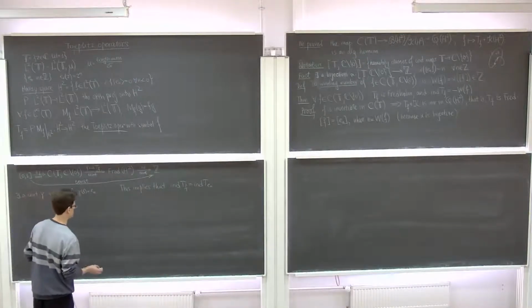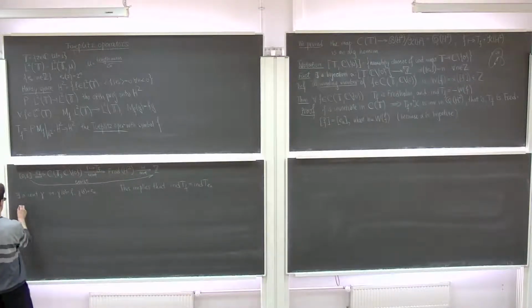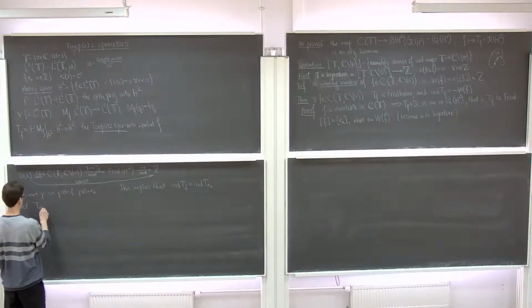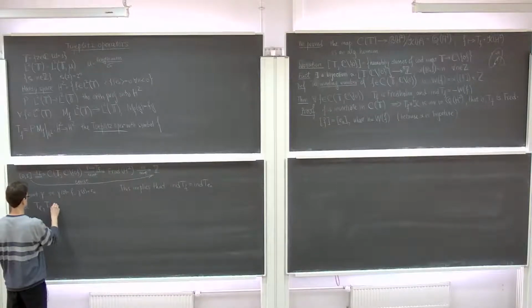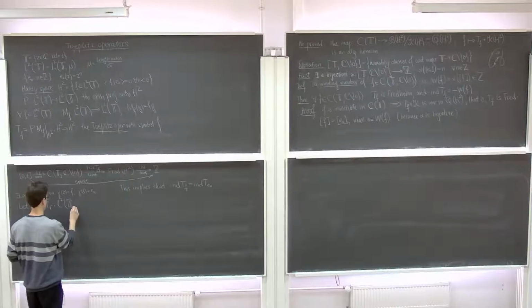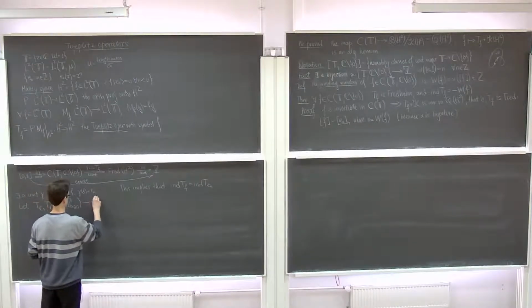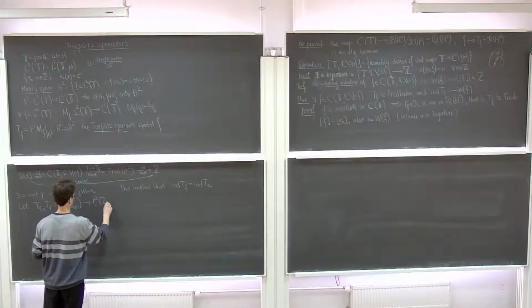And to show that this is minus n, let's consider left and right shift operators on the little l2 space, TL and TR. It will be convenient to define these operators on the little l2 space on all non-negative integers.